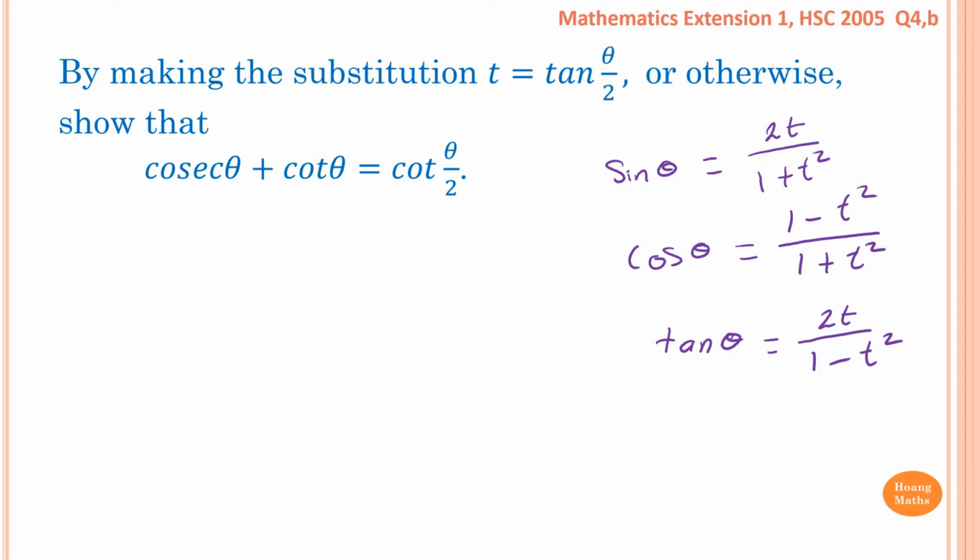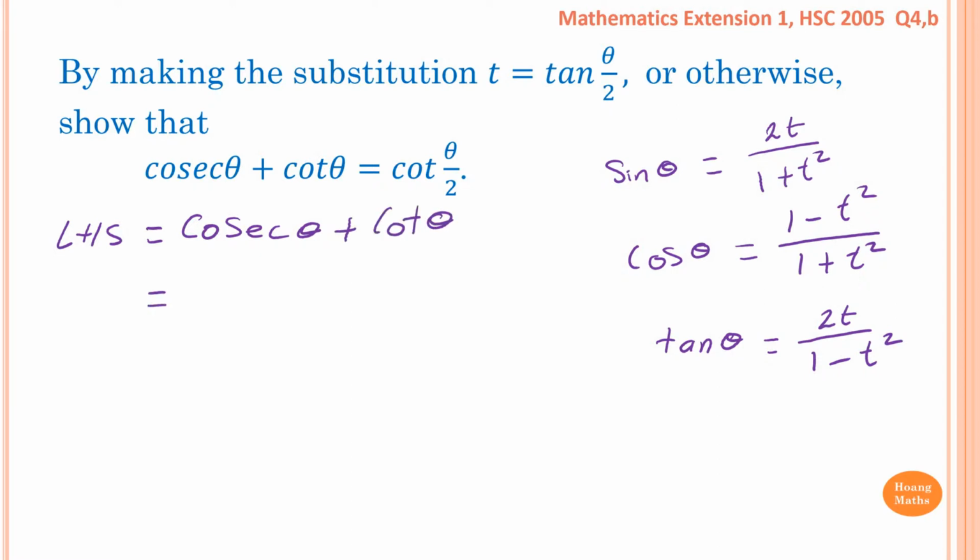So I just write the left hand side first, which is equal to cosec of theta plus cot theta.